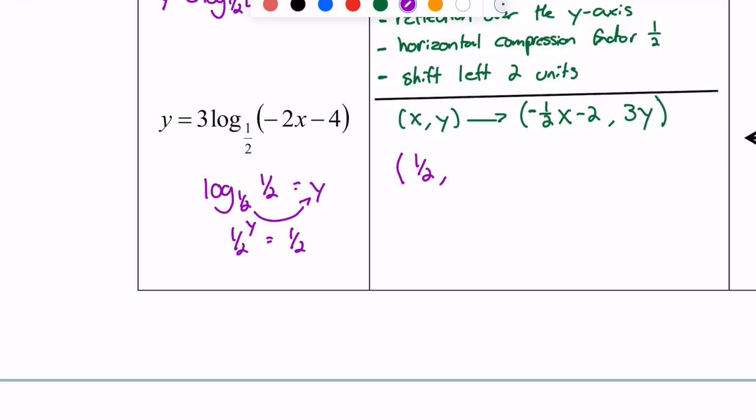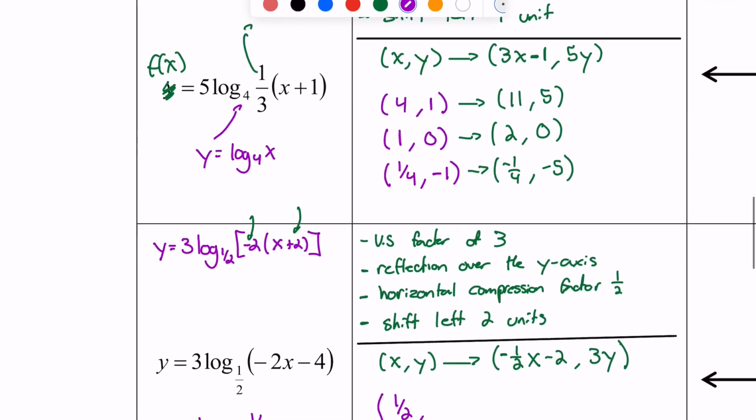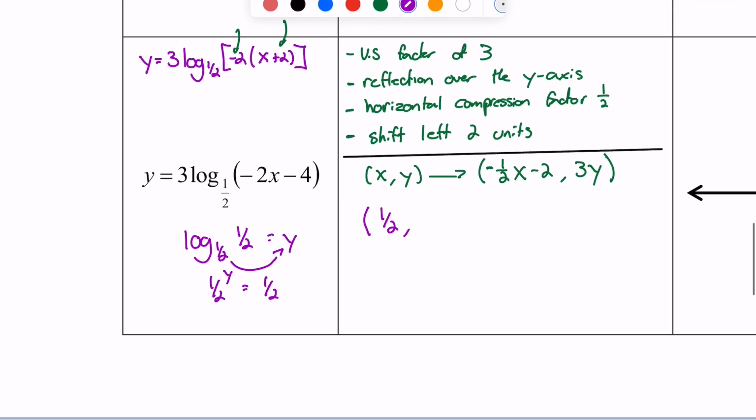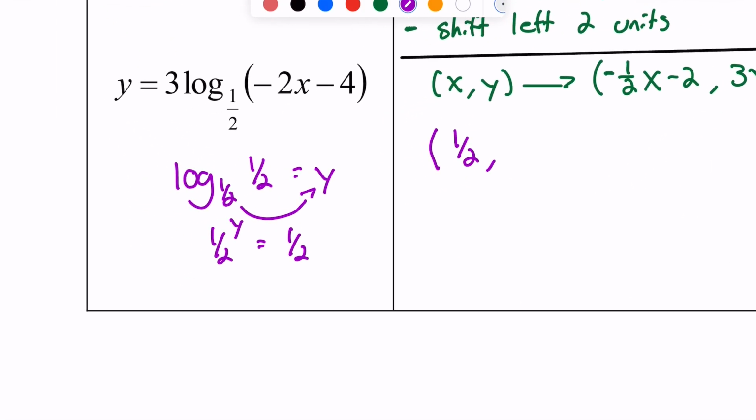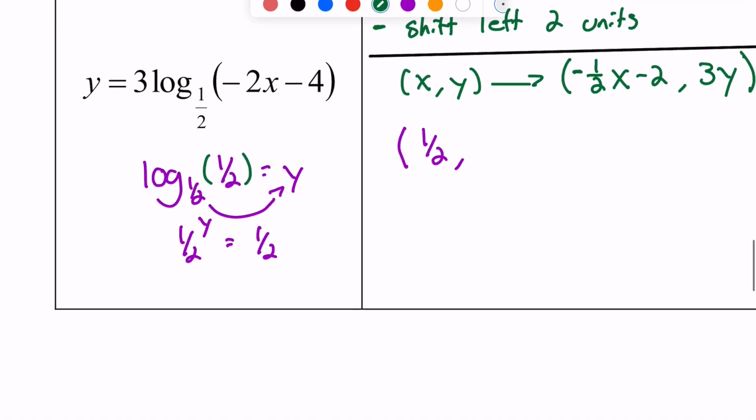Well, just because it's a fraction, it's the exact same thing as everything we did up here, right? When you have the base and the thing on the inside of the argument being the same number, it will always result in just being 1, okay? So your first coordinate is always going to be the base and a y value of 1. Well, the next one I told you to use is 1. Taking the logarithm of 1 will always result in 0.